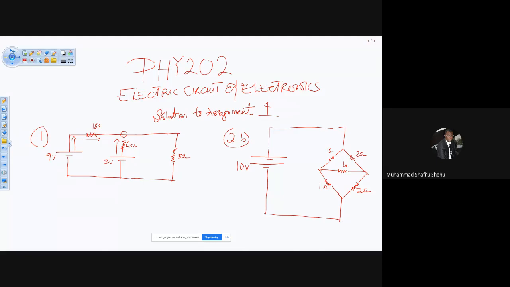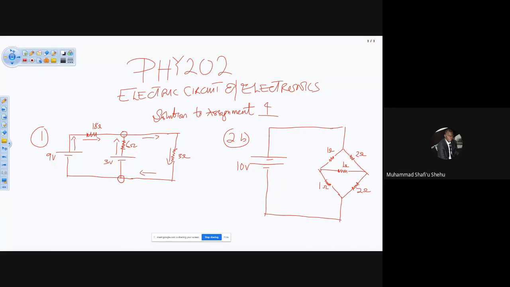And then they will both flow through the 3 ohm resistor like this. Remember, this is your second junction, and we don't have to care about it. So we are done assigning our current directions.